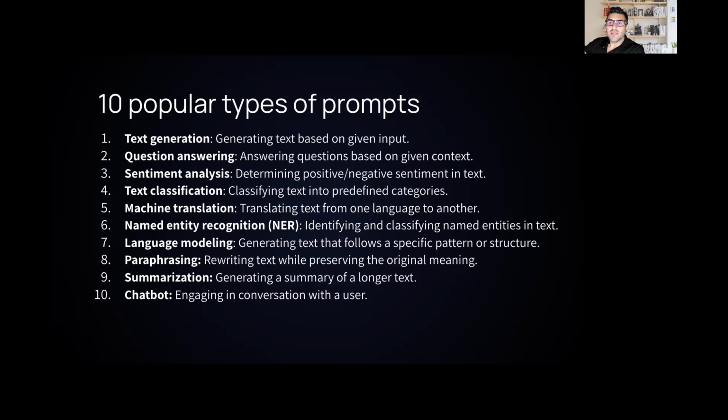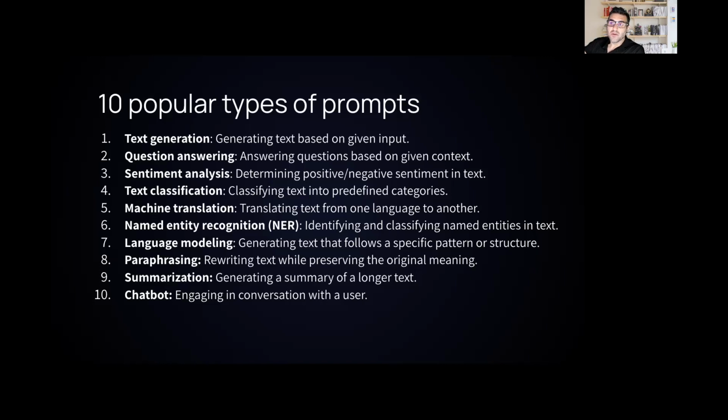Number 4, text classification can classify text for you into defined categories. You can dump a lot of text and it will make classifications for you. It can translate between languages, and it can translate between coding languages too. If you have a text in Python, it can transform it to C++ and other things.